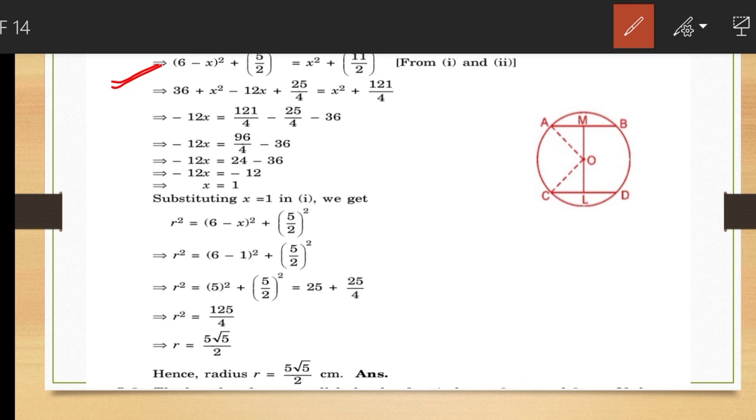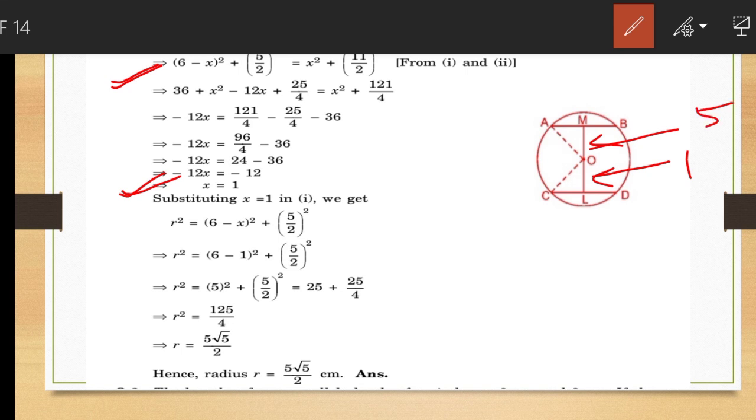Then x square plus 121 by 4. On solving it, we will get x is equal to 1. So the distance OL is 1 and OM is 5.